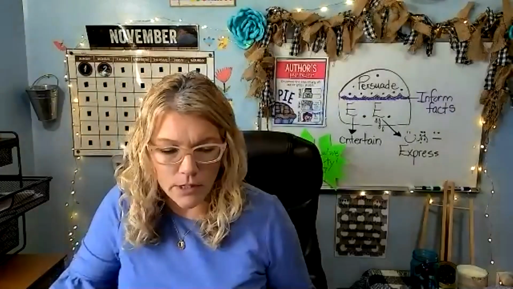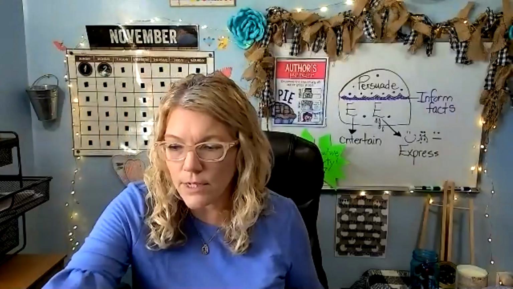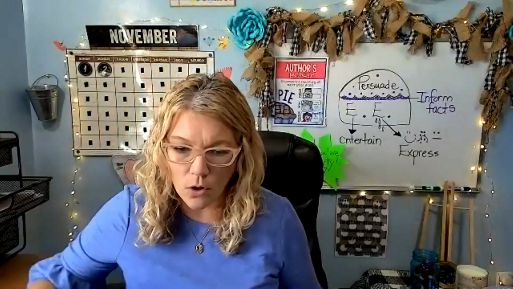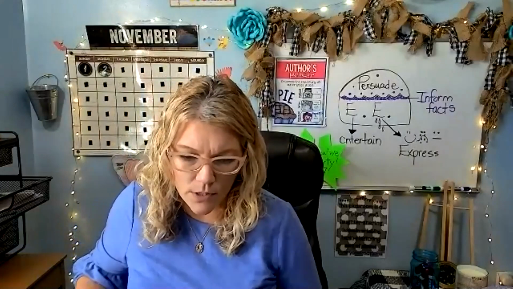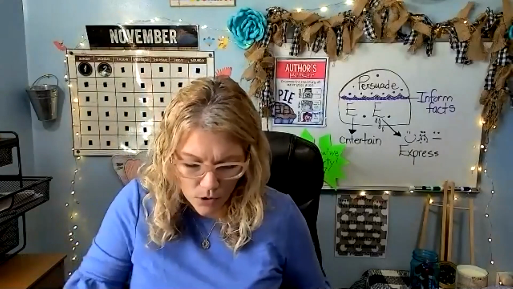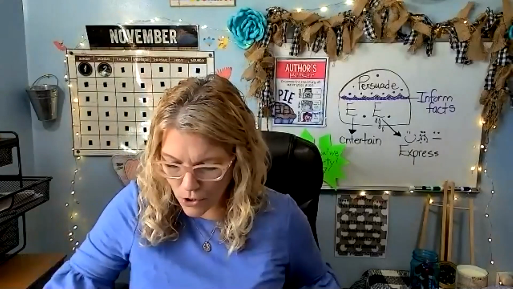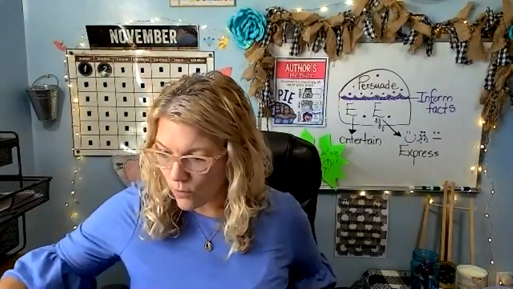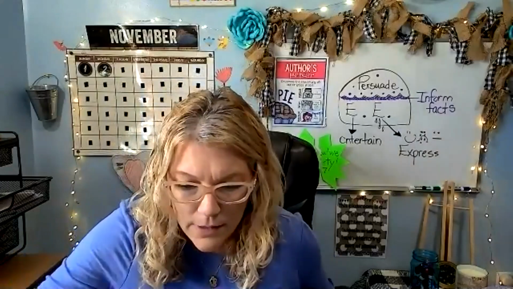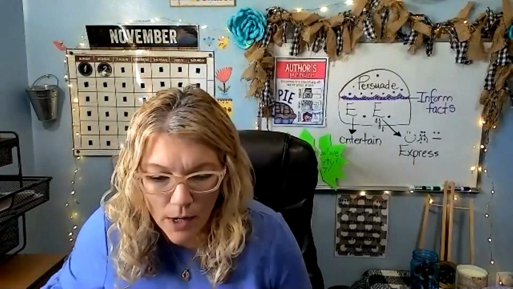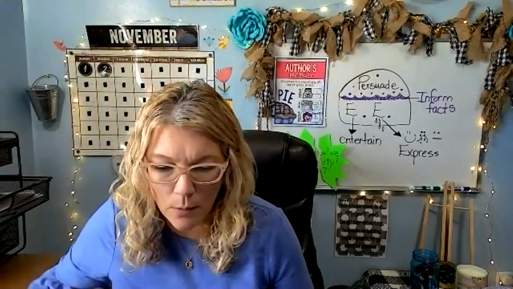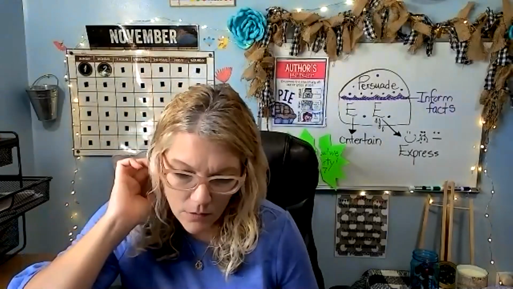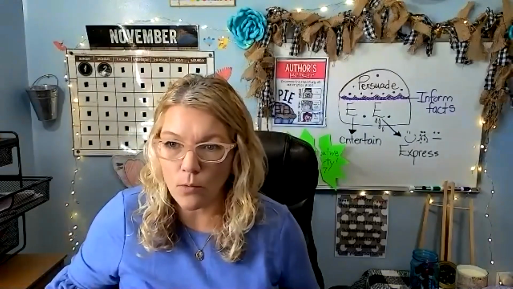Let's take a look, boys and girls, at page 210 in your Go Math book, number 2. So I did some, we did some, now you are going to try some. The directions read, write one way to break apart the array. So how would you break that array up?